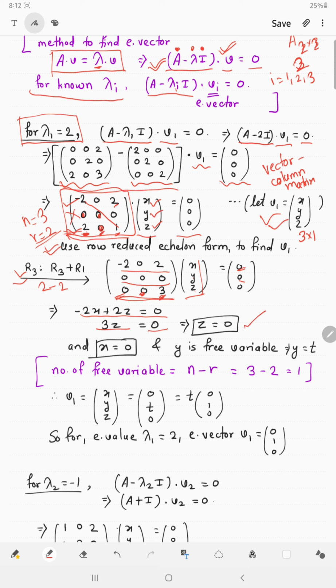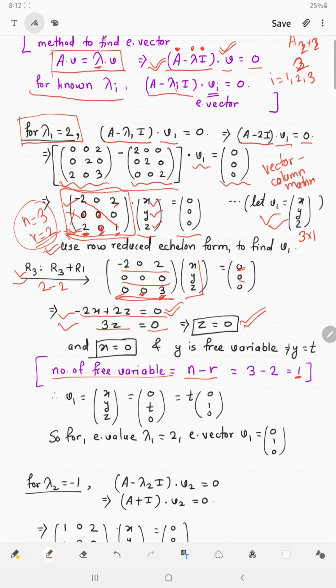Now take these values. What I know is that the number of free variables is n minus r. How many free variables are here? By calculation, 1. Or we can say directly also, I get this equation 3z equal to 0, so z equal to 0.